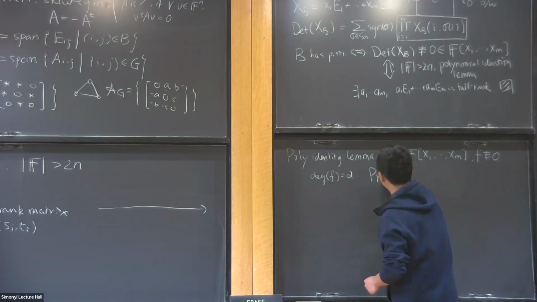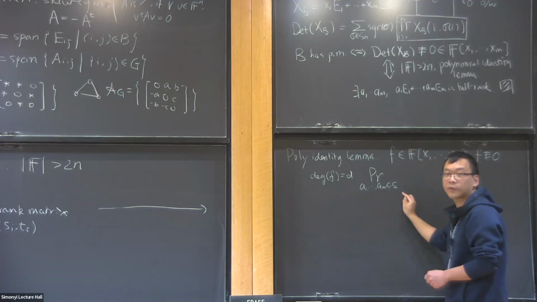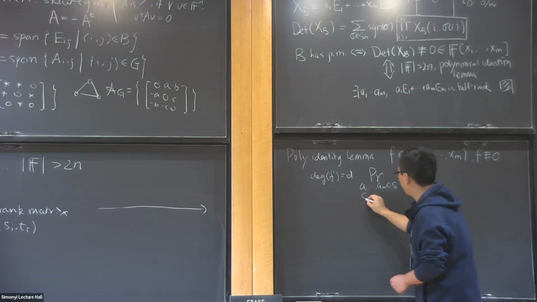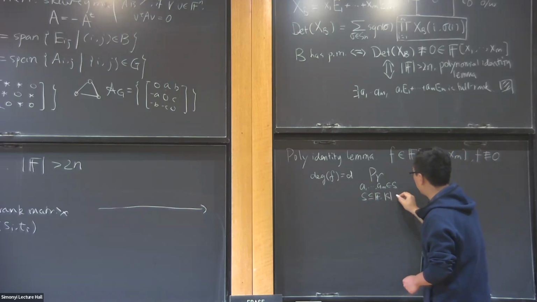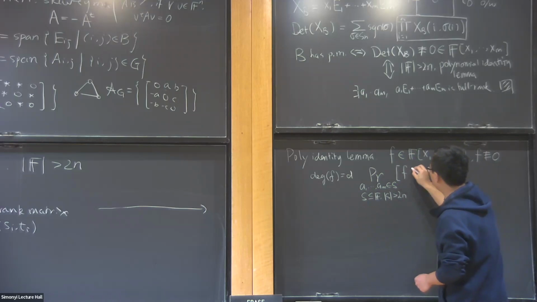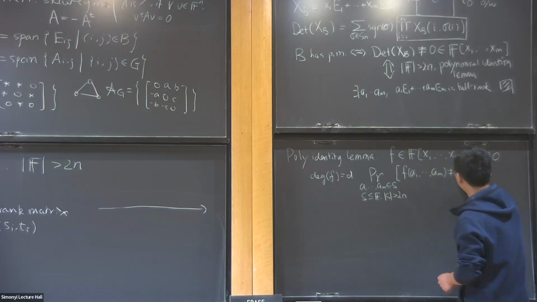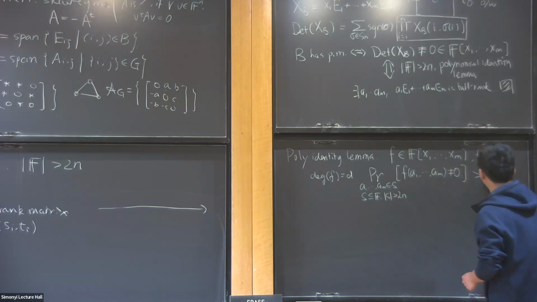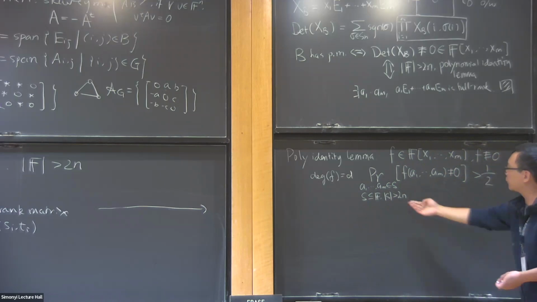Then if you sample a1 up to am from some set S, where S is a set of field elements, say S is larger than 2d, then the probability of f evaluating on a1 to am being non-zero should be larger than 1/2. It's 1 minus d over the size of S, but I assume that S is large.